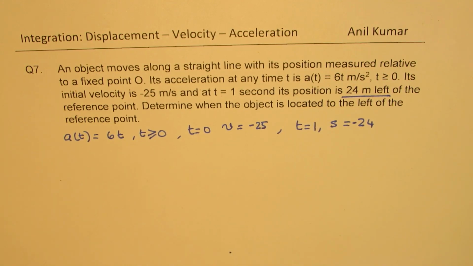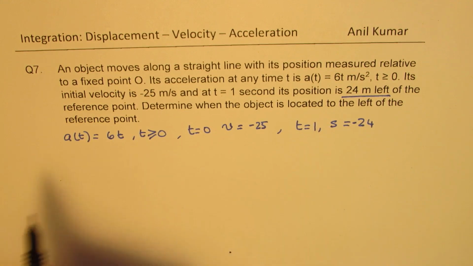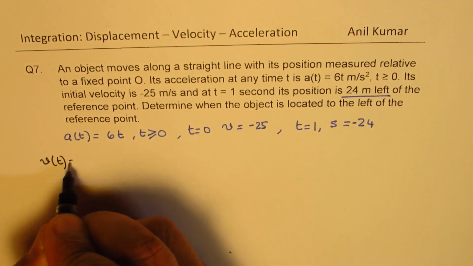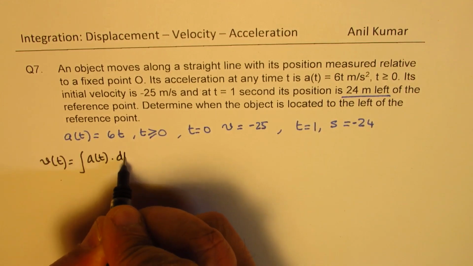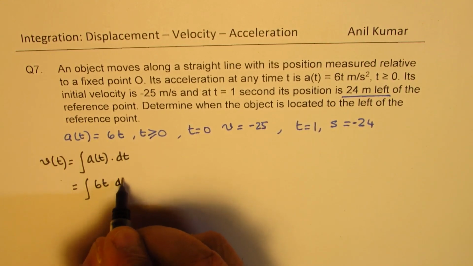We are interested in displacement, the position on the left. So we'll first have to integrate acceleration to find velocity, right? Which is the integral of 6t dt, correct?